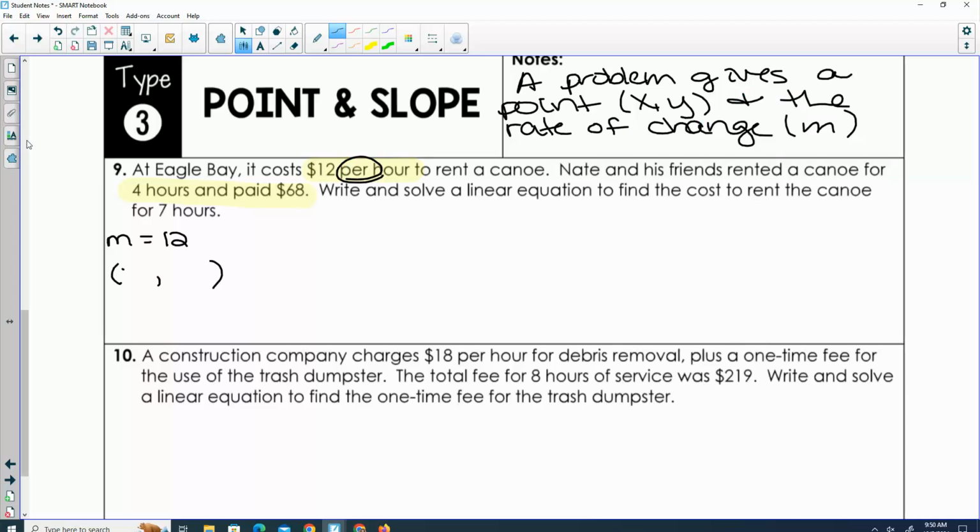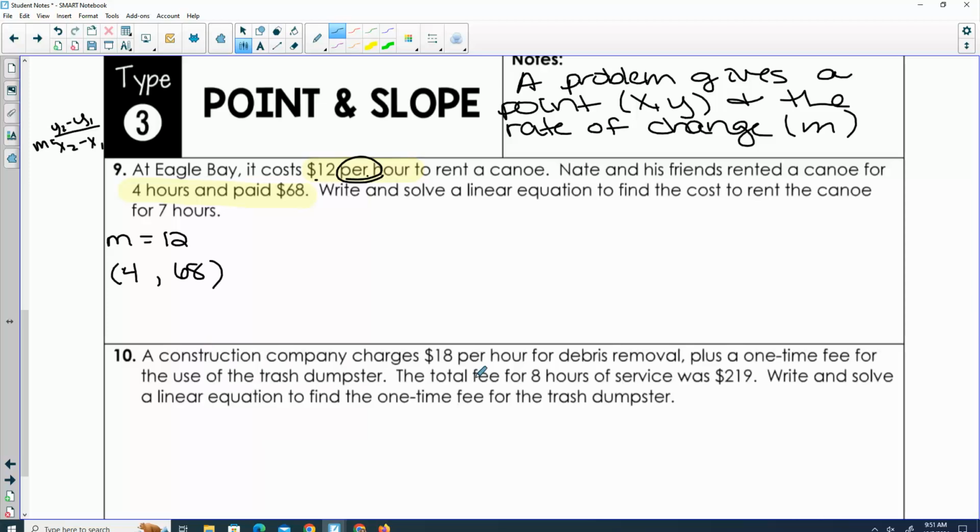Big thing to think about, when you do slope, the y's are on top. When I look at my units, this was y per x, so dollars per hour. So dollars has to be my y, x has to be my hours. So we know in 4 hours, the cost was $68.